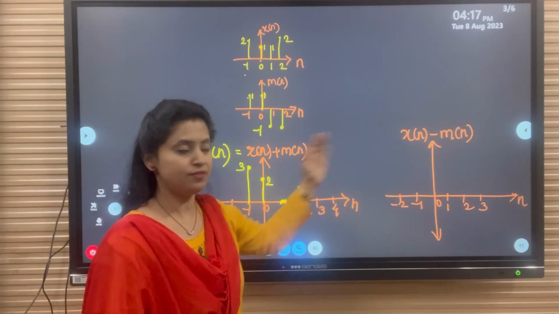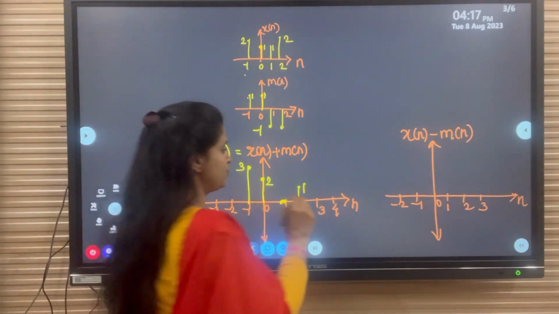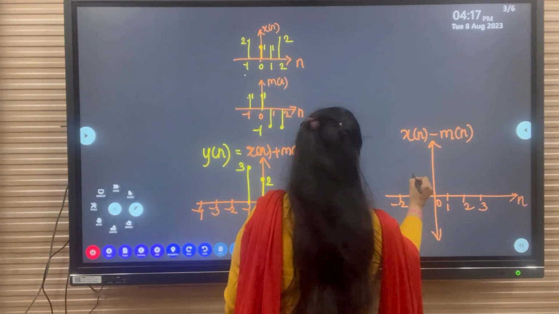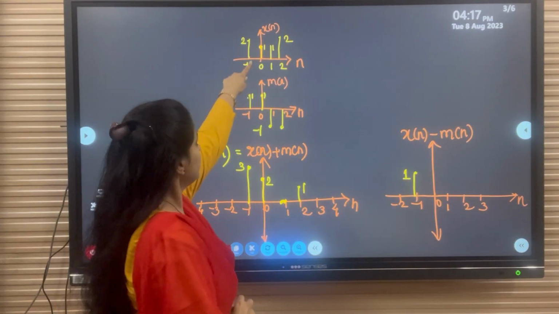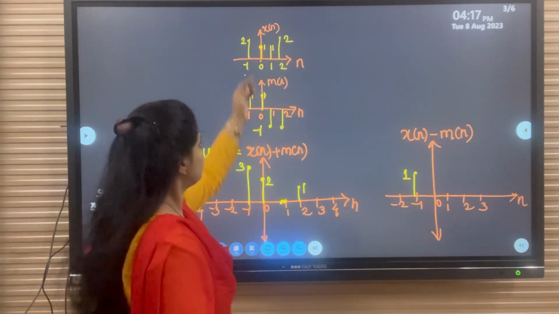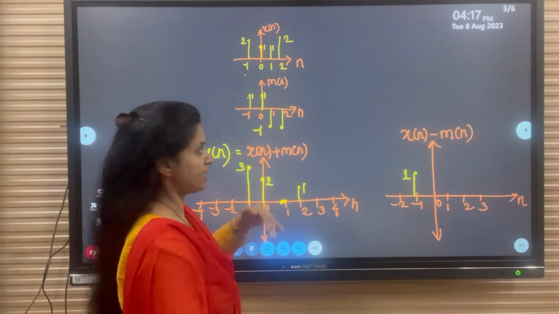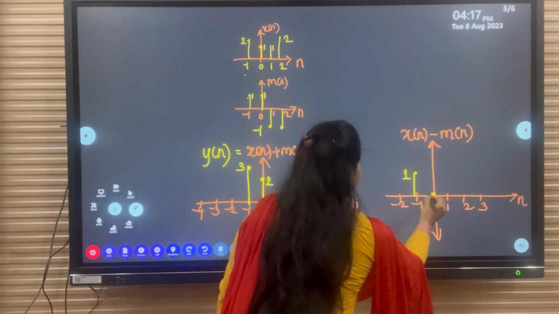In the same way, we can perform subtraction. 2 minus 1 is equal to 1. So here I have plus 1. Then 1 minus 1, those amplitudes you have to subtract. So 1 minus 1 is equal to 0.